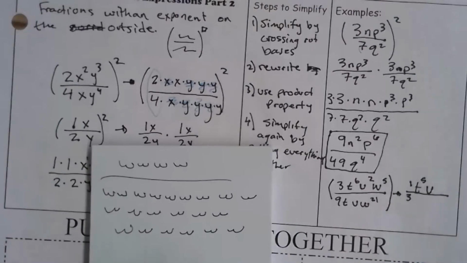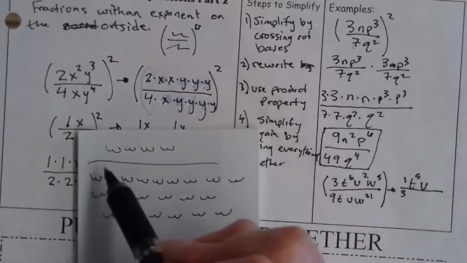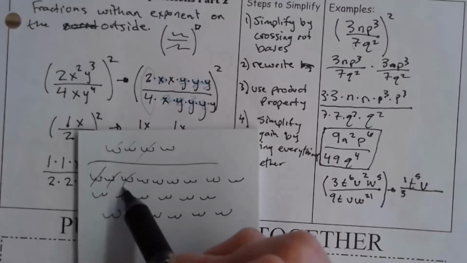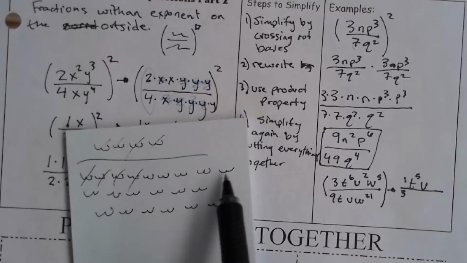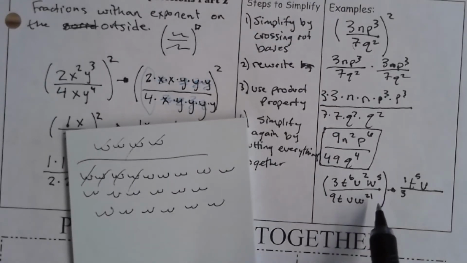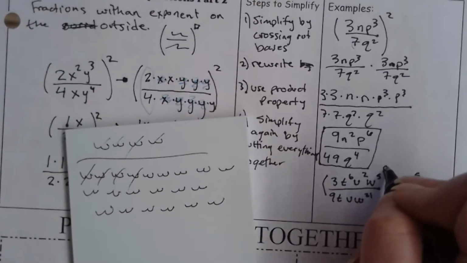Okay, 21 on the bottom. That could be wrong, I tried to do it quickly. Looks like weird art. Anyway, if I had 21 on the bottom, how many are going to cross off? Well, 5. There's 5 on top and more than 5 on bottom. So 5 would technically cancel out. So if we just took 21 minus 5, we'd be left with 16 w's on the bottom.